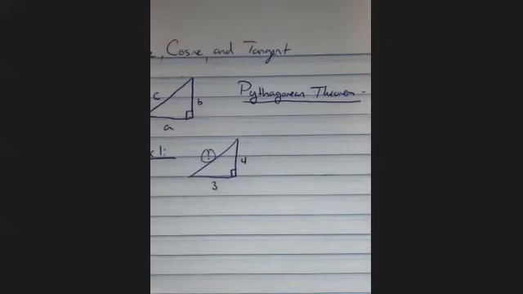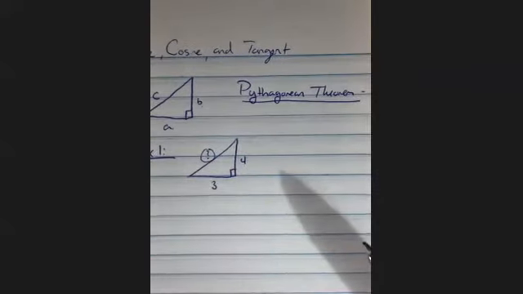So let's try that out and let's do an example or two. Example 1. Let's take a look at the right triangle. Now this is not necessarily drawn to scale. If I have a side length 3 and a side length 4, what is the third side length?